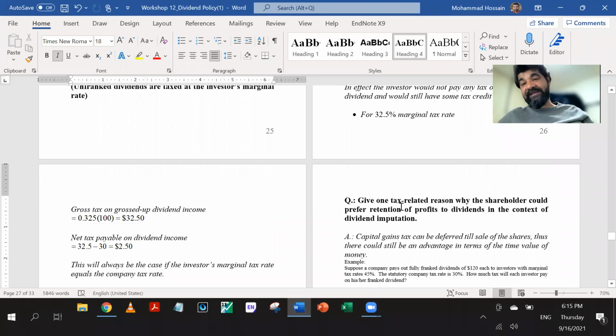Okay. In this case, $100 is dividend again. $100 is a dividend, but the company paid only 30% because that's what the company tax rate is. So you might think, oh, okay, normally I pay 32.5% tax. Another group says my normal tax rate is 32.5%, but the company paid 30%.